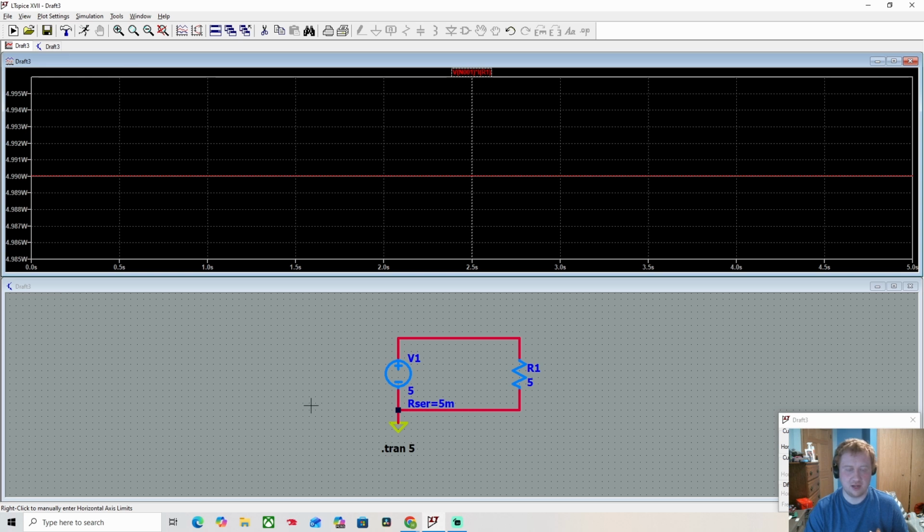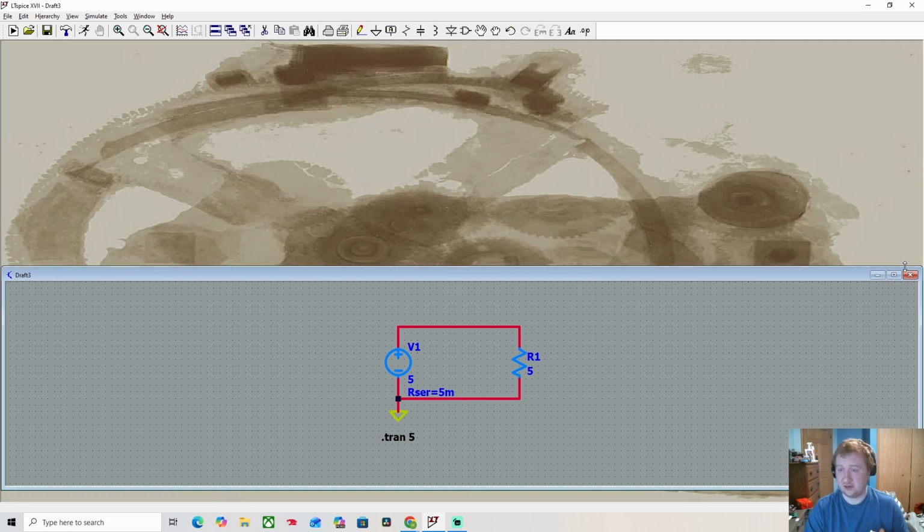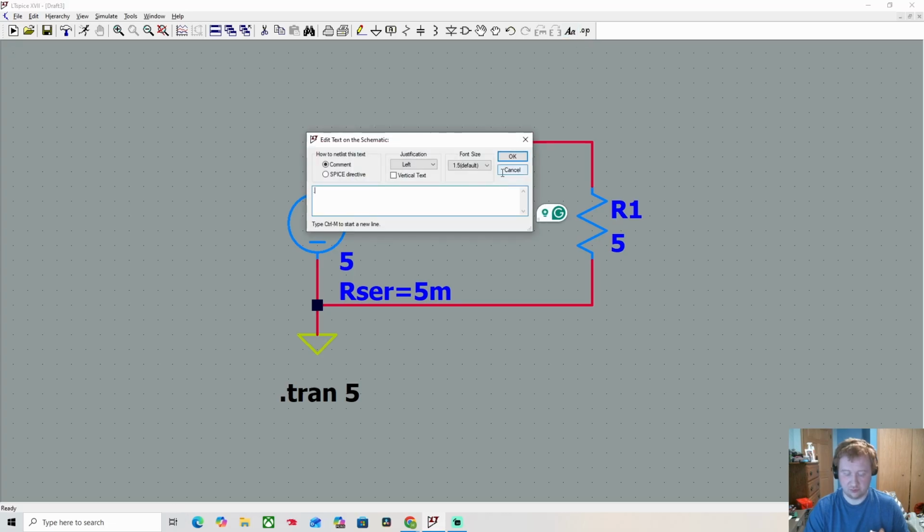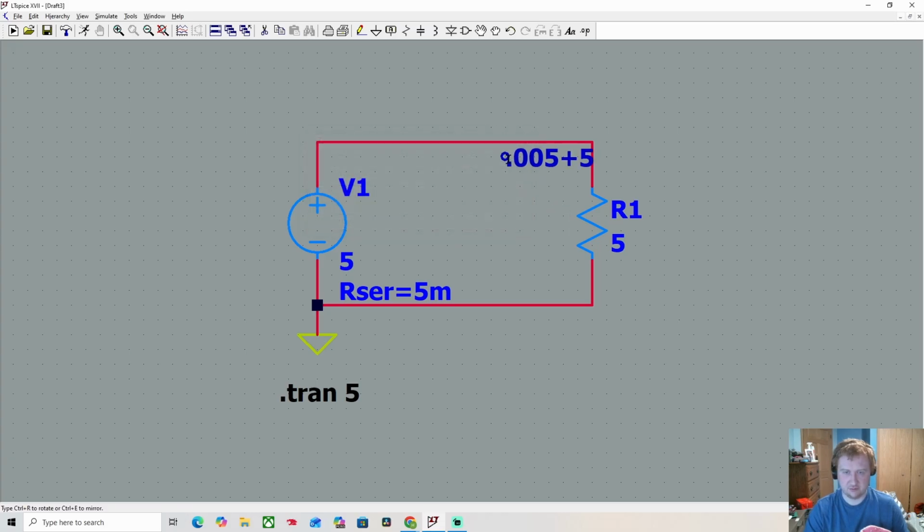0.005. Actually, let's do that really quick to end this video. So 0.005 plus 5. Since this battery is in series, meaning there's no other components in line, I guess it's technically in parallel too, but for the sake of simplicity, it's series.